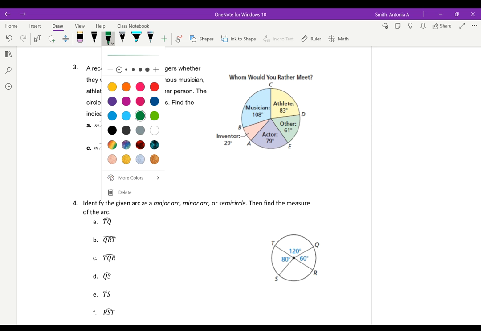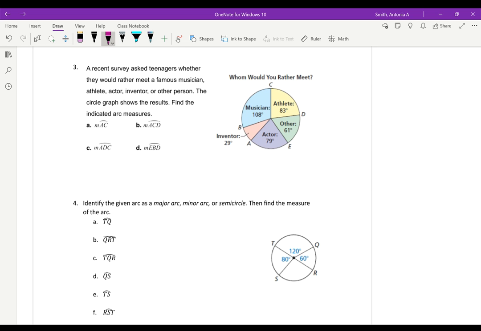Okay. So first one is the measure of arc AC. So from A to C, I know that it's the short way around, not this longer way around, because it's 2 letters. So from A to C, that means I'm adding up this pink section plus this blue section.